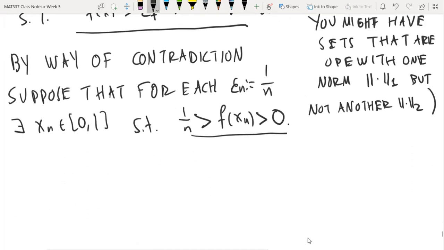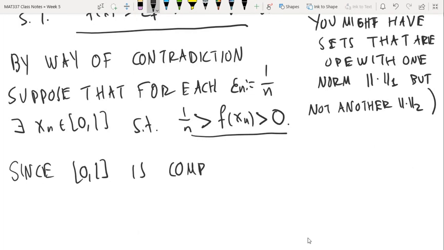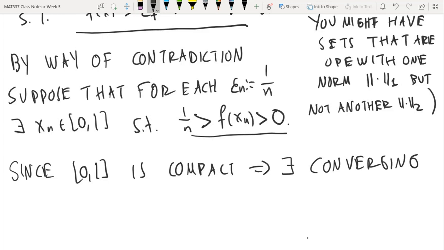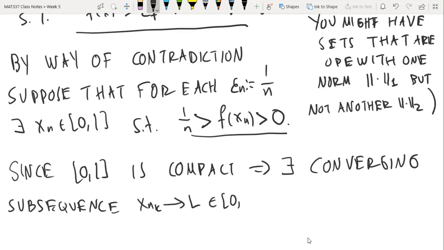Since [0, 1] is compact, there exists a subsequence x n k converging to L within [0, 1].